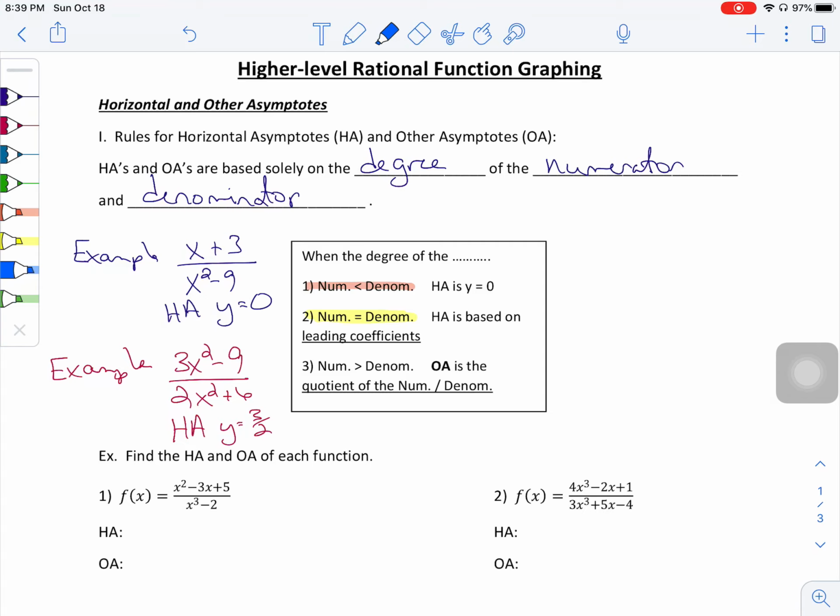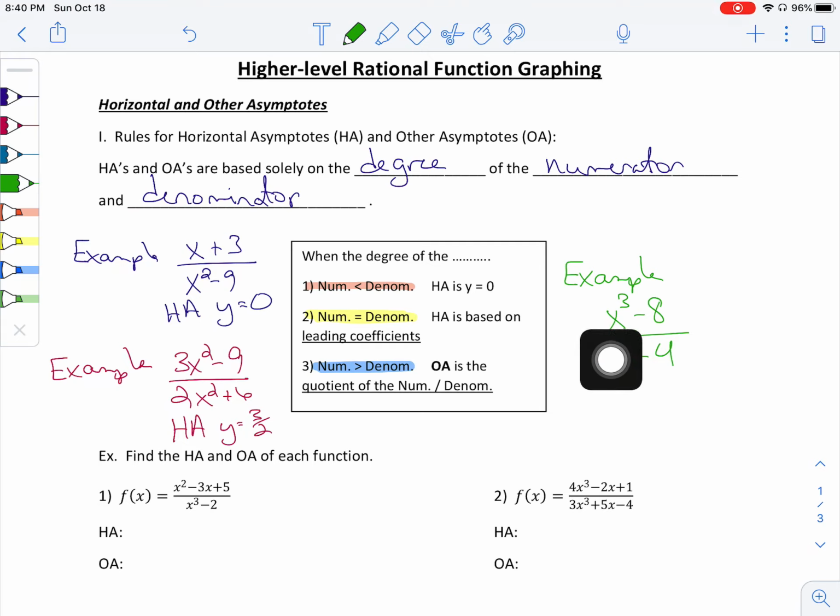The new one is what happens if the numerator has a greater degree than the denominator. The way you might see this, these are just examples I'm making up so you can see what we're talking about, is if we had, let's say, x cubed minus 8 over x squared minus 4. So this numerator has a larger degree than the denominator, so what you need to do is figure out your OA.